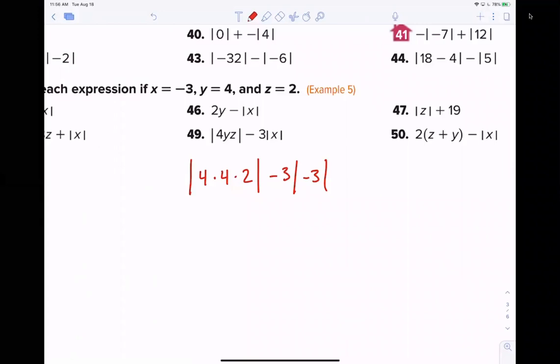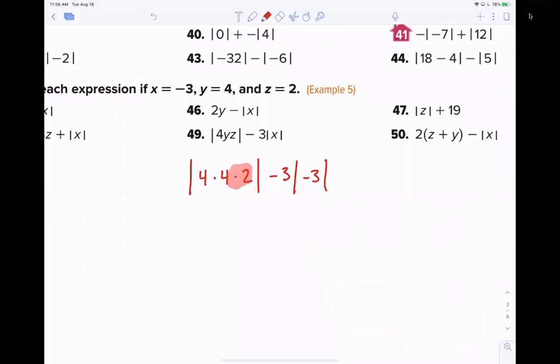Okay, now KK, you have to do what's inside. You have to tell me what's 4 times 4 times 2. Take your time. What's the absolute value of 3? Or I'm sorry, the absolute value of negative 3.